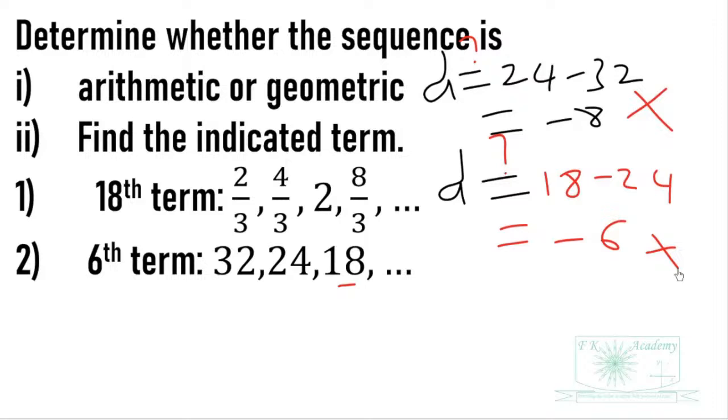So let's check to see whether the ratio will be common. The ratio will be equal to this over this, 24 over 32.